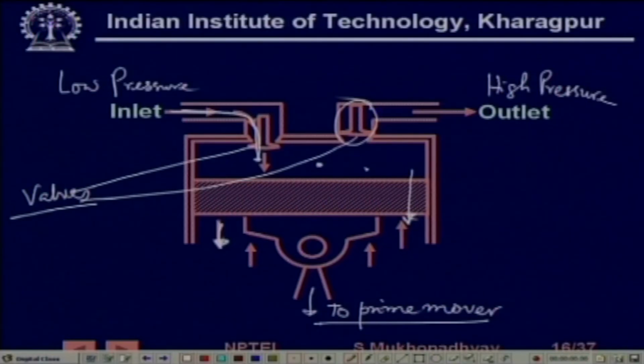Since this is suction, this will seal the outlet, so no air will be sucked from the outlet. Now, after this has come to the lowest position, a certain given volume of air is residing inside at the low inlet pressure.